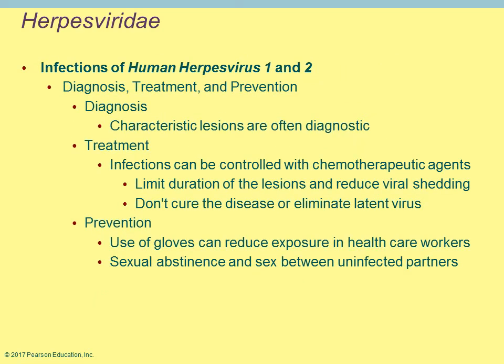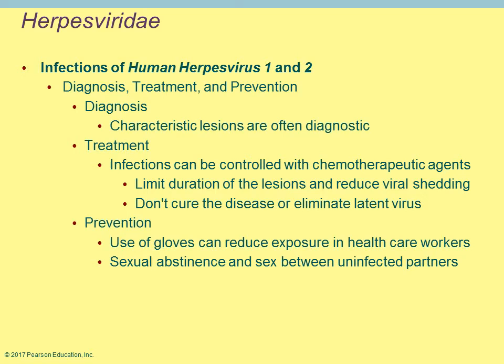In terms of diagnosis, usually the lesions are very helpful in making the diagnosis. Infections can be treated somewhat with various drugs. It can help limit how long the lesions last, and it can reduce the amount of virus shedding. You don't cure the disease or eliminate the virus, but you can reduce the amount of time that you would be considered contagious.